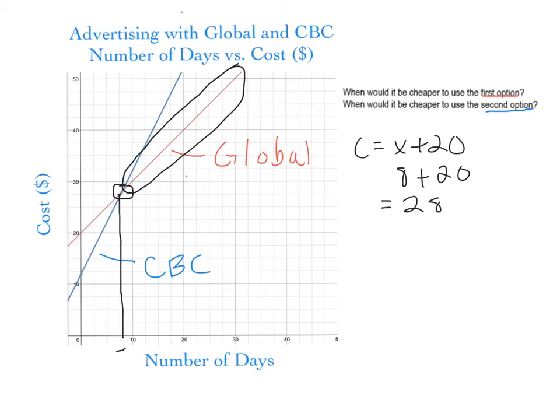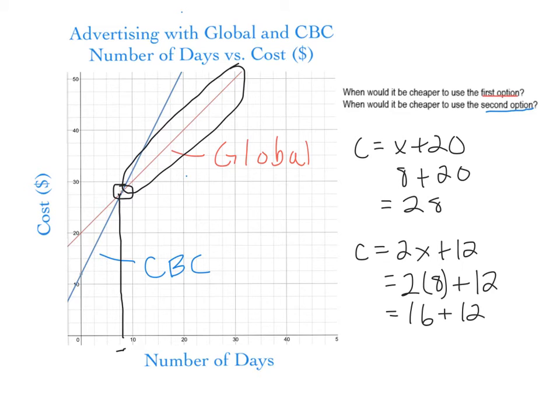And then for CBC, C equals 2X plus 12, and I substitute in 8 for X. So I get 2 times 8 plus 12. 2 times 8 equals 16, plus 12 equals 28. So we can see at 8 days, this point here on the graph represents 8 days and a cost of $28. So they're the same at that point.